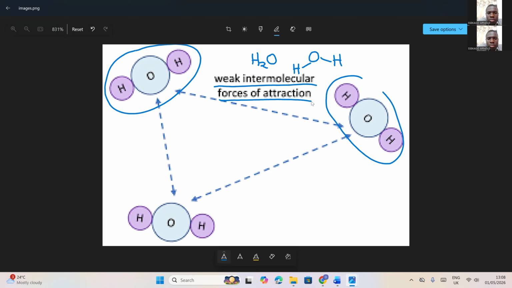Those forces have a name. For English purposes, they are known as weak intermolecular forces of attraction, but for purposes of chemistry, they were given a name, van der Waals forces of attraction.